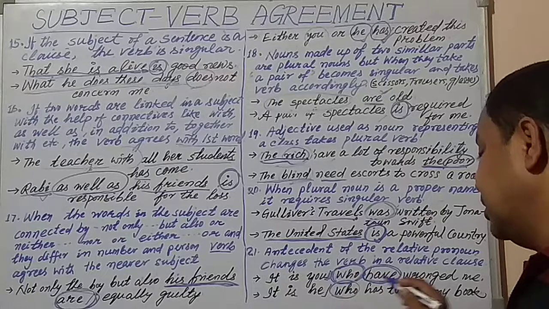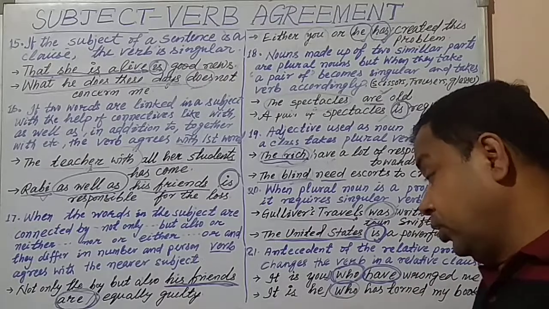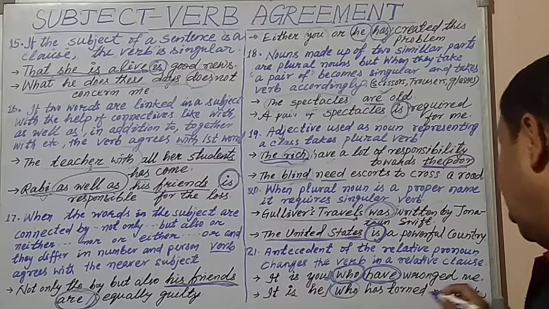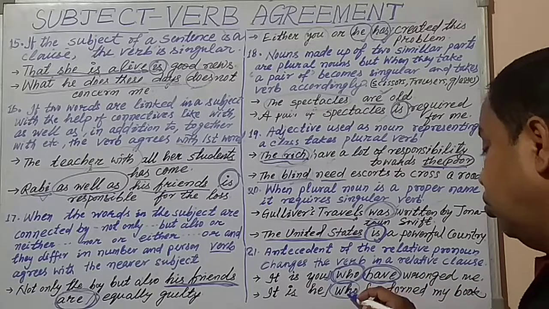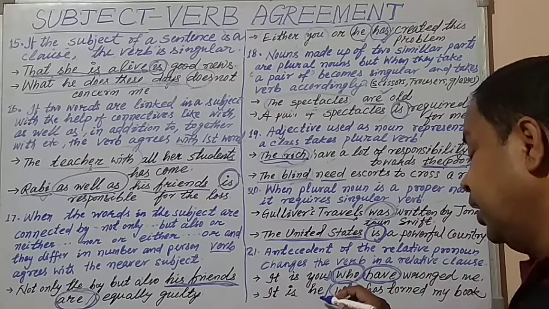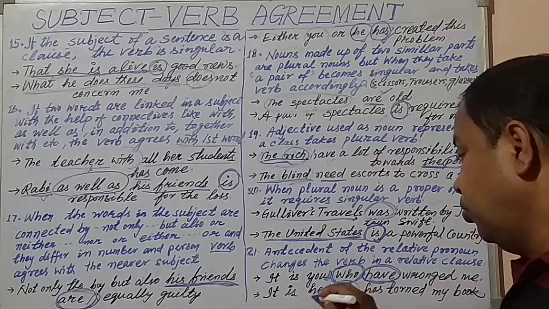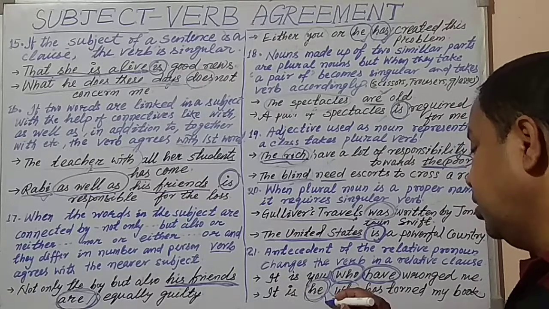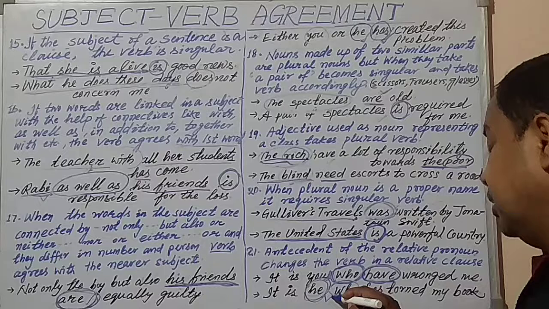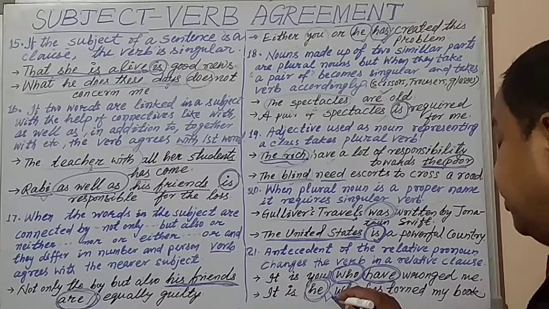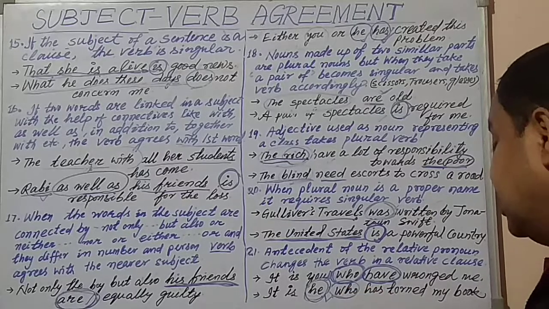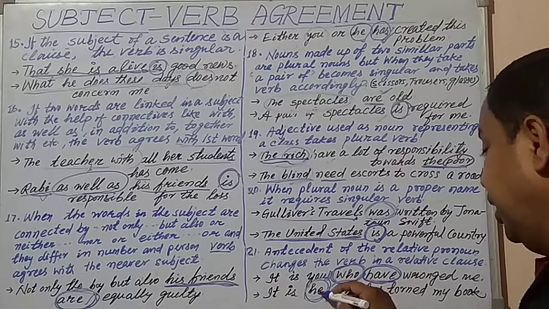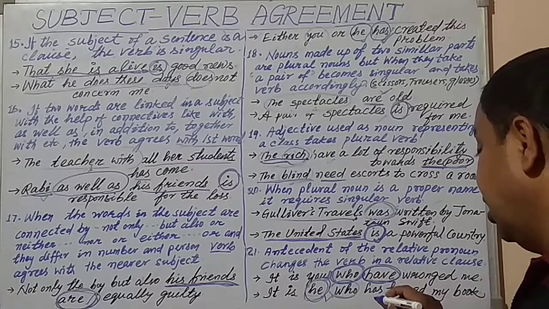You always takes have, but in the last sentence you see, it is he who has torn my book. You see here, who is used for he, and he, you know it very well, is third person singular number. So it always takes the form of verb, that is has. So he has. According to he, the verb is here has.